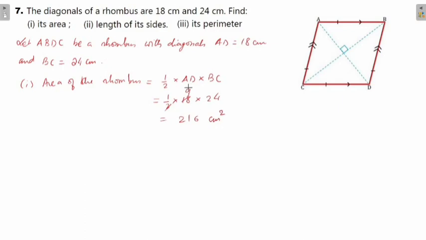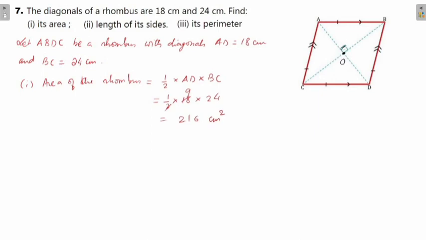Now there's one very important property that you need to know about rhombus. So you know the diagonals will be intersected, right? Now the diagonals will not only be intersected, but they will get bisected at this point. So let me call this point to be point O. So diagonals get bisected at 90-degree angles.